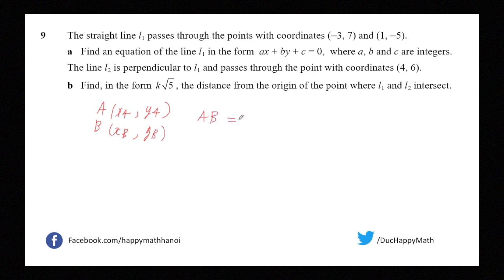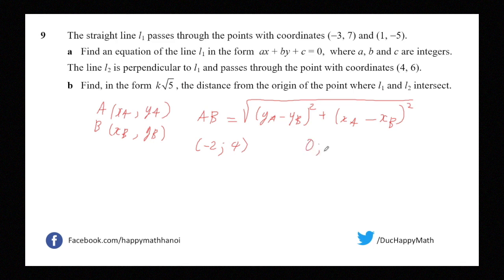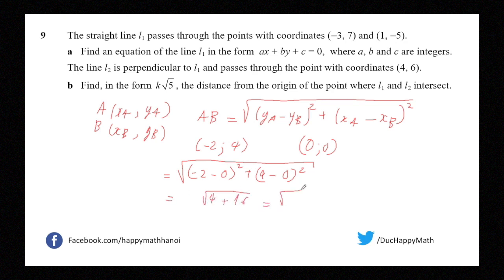The distance between A and B is the square root of xa minus xb squared plus ya minus yb squared. So the intersection point is minus 2, 4, and the origin is 0, 0. So the distance between them is minus 2 minus 0 squared plus 4 minus 0 squared, and take the square root. The final result is the square root of 20.